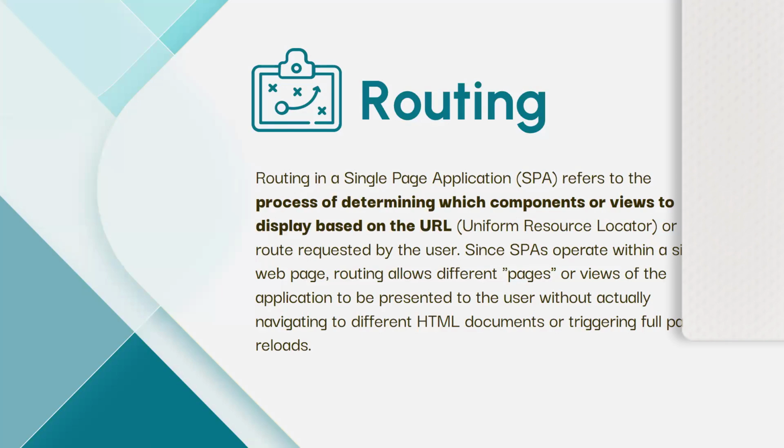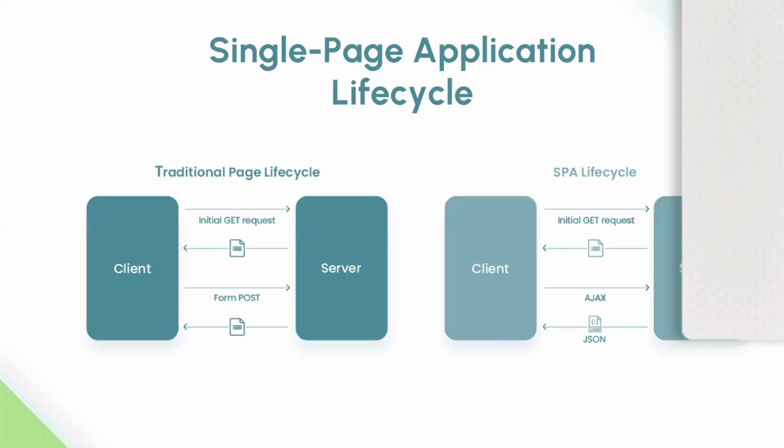Then what it does is it forwards the request as we saw in this diagram, SPA lifecycle. It sends an AJAX request, asynchronous JavaScript request, to the server saying the user is asking for the contact us page.